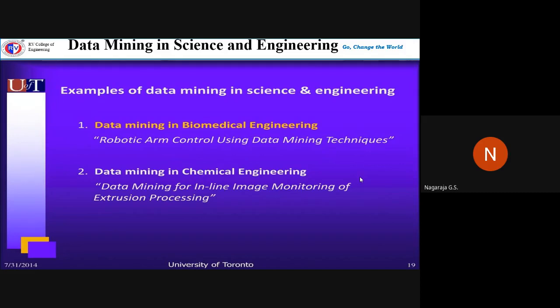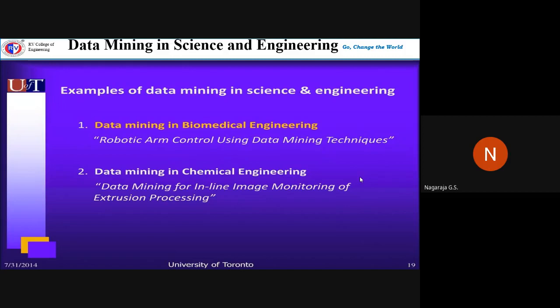So let us say you have various compositions of different chemicals which you want to bring together, and the impact which happens is something different. It is very difficult to understand it through a manual process, but when you have well-defined software or data mining tools to handle this, your job becomes much easier.